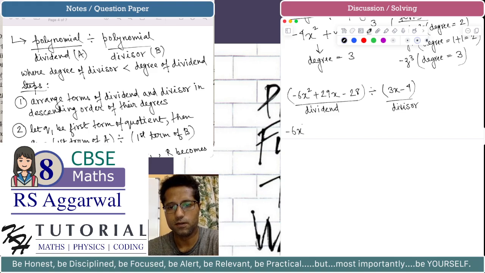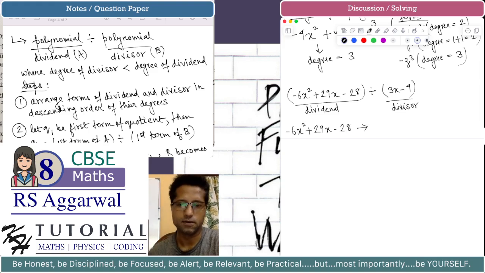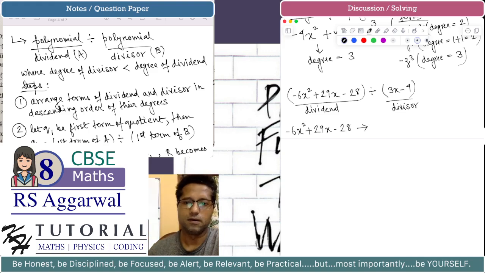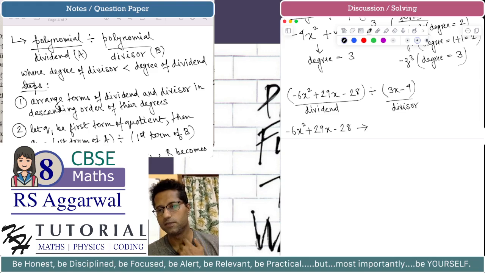I have to rewrite the dividend by rearranging its terms in descending order of the degrees. That means I will write all the terms so that the term with the highest degree comes first, and then the terms with subsequent lower degrees come.